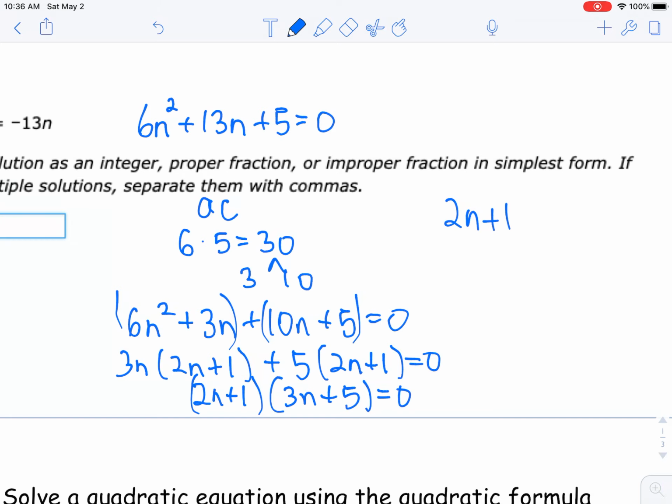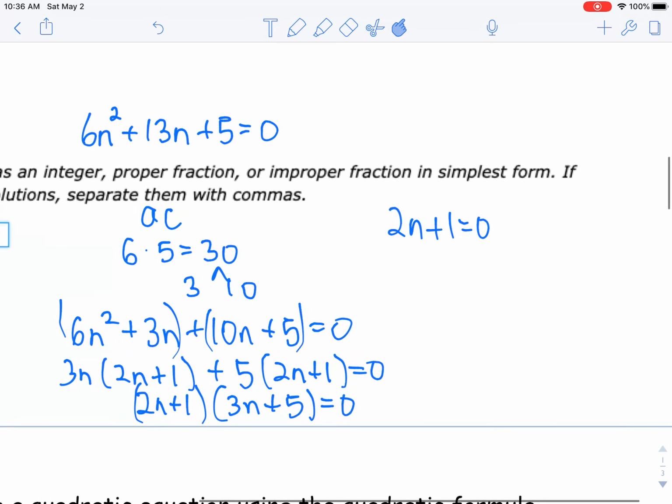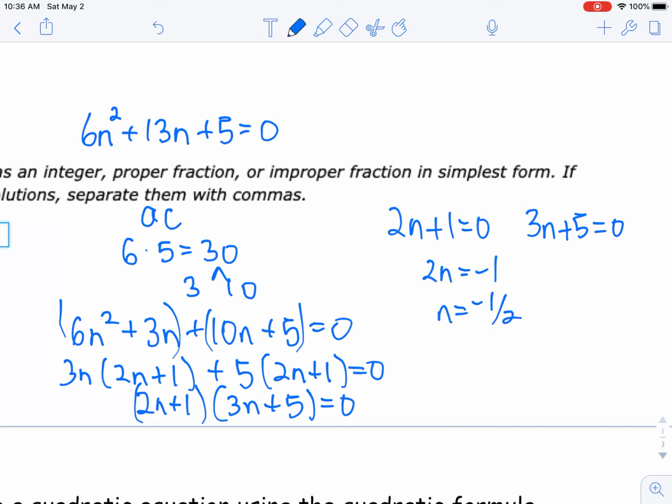Set each of those equal to 0, and solve. And this is factoring.